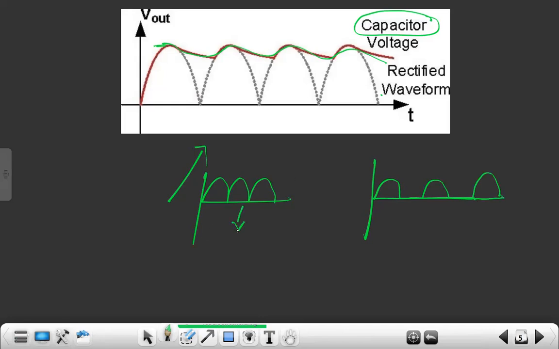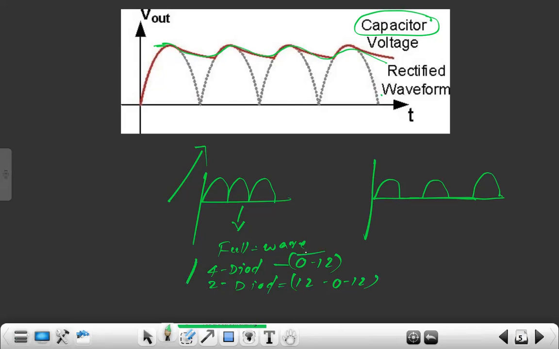For this kind of full wave rectification, we need 4 diodes or 2 diodes. 4 diodes are meant for a 0 and 12 volt transformer, and for 2 diodes we use a 12-0-12 volt transformer. So we are talking about 4 diodes and 2 diodes.